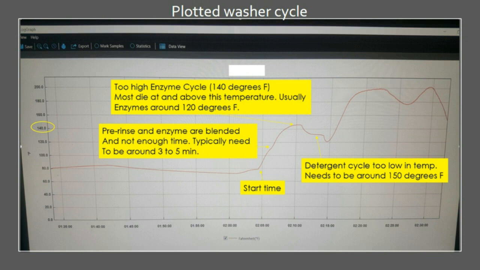We want them to help us, but enzymes can be killed just like anything else. It's actually a little organism, and so we can come along and lessen the effectiveness by killing those with too high a temperature. And then our detergent cycle was a little bit too low. That should be around 150, and that dropped down below that 140 range.